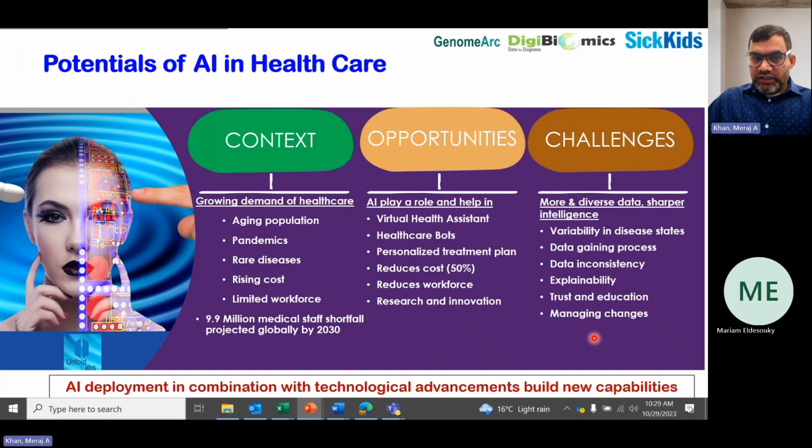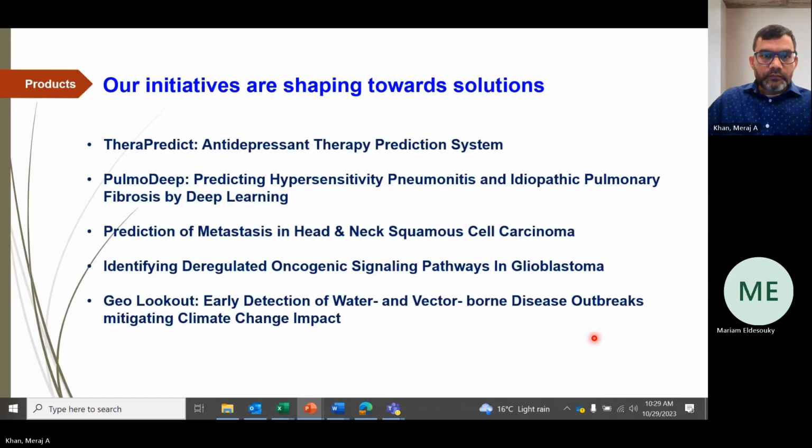To conclude this slide, we can deploy AI in combination with technology to build new capabilities and assist in healthcare.